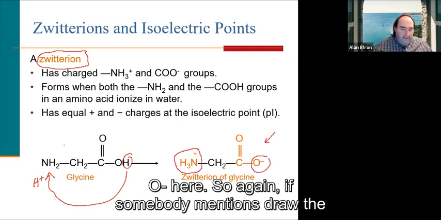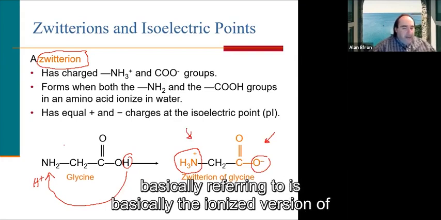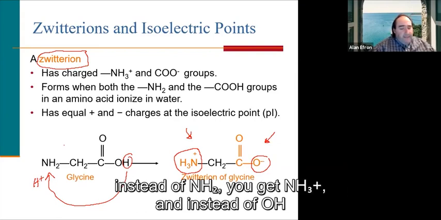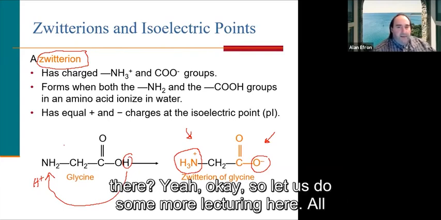So if somebody says draw the zwitterion version, or here's the zwitterion, what they're referring to is the ionized version of this amino acid. It just means that instead of NH2, you get NH3 plus, and instead of OH on the other side, you get O minus. Any questions on that? Okay.